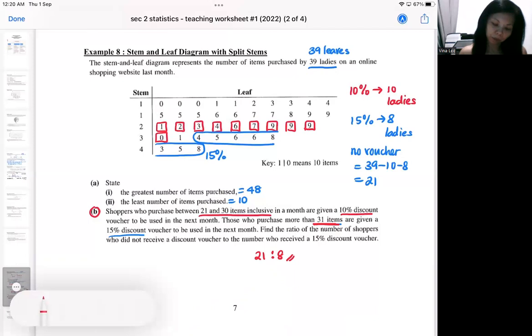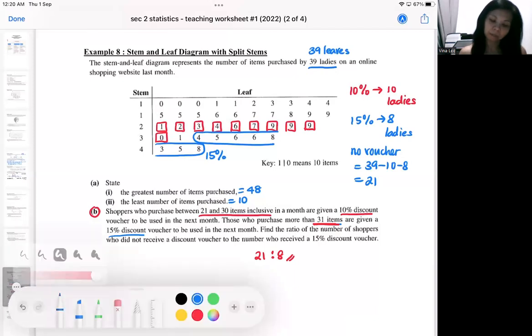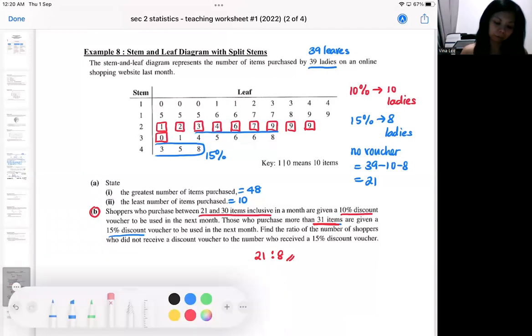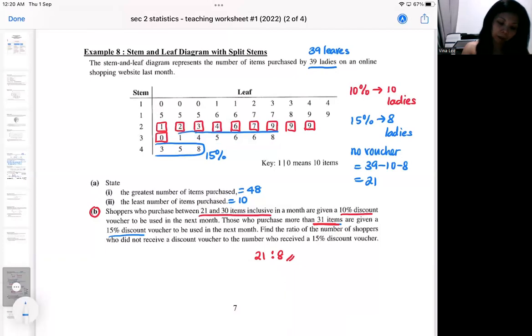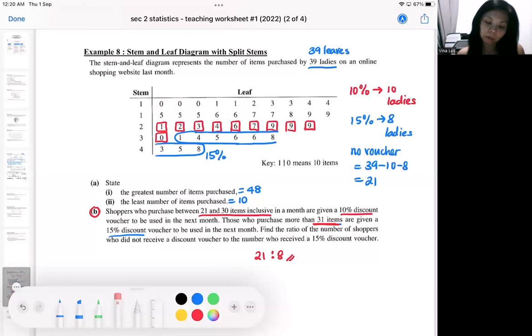So maybe we change it a little bit. It should be 31 items inclusive. Otherwise, if I buy 31 items, I don't receive anything, whereas those who buy 32, those who buy 30, receive something. It doesn't make sense. So the 15% will be 9 ladies.